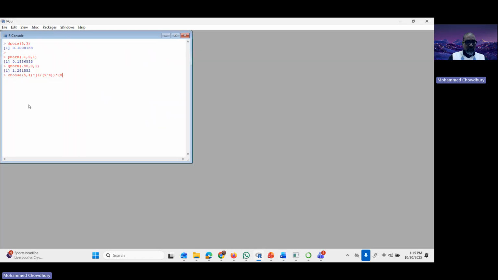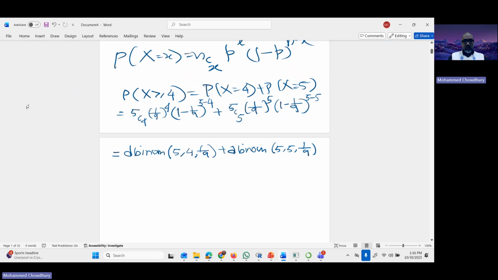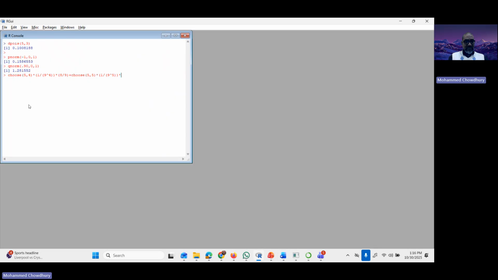Okay. Plus I have to do 5 choose 5. Choose 5 comma 5. And then I have to multiply it by 1 over 9 to the power 5 times, that is 5 choose 5, right? That is 5 choose 5, 9 to the power 5, and then 0. So that is equal to 1.